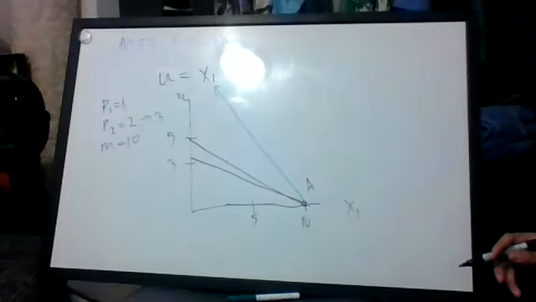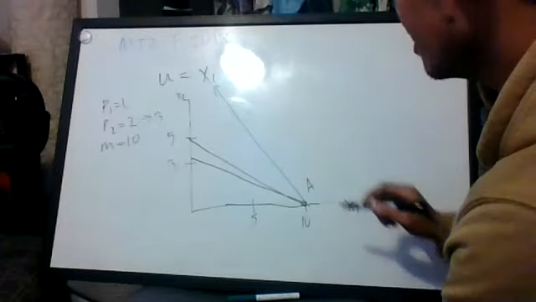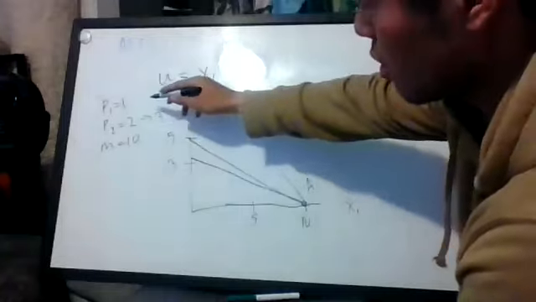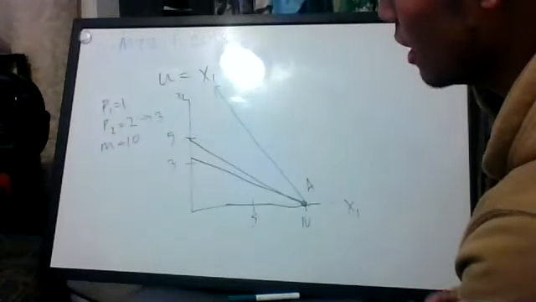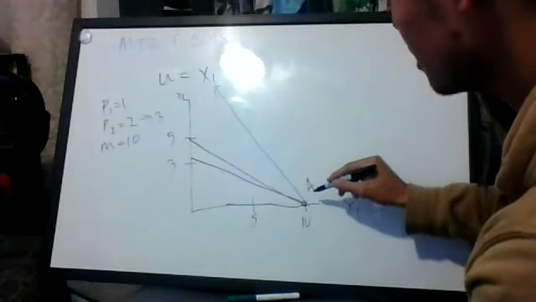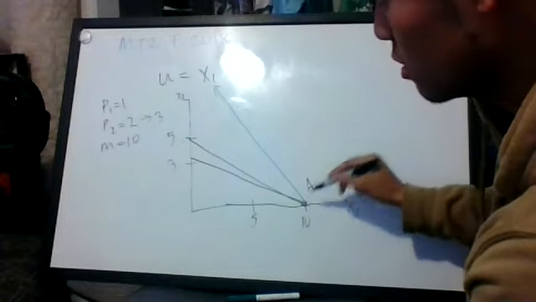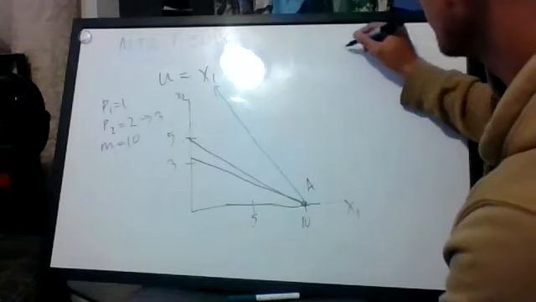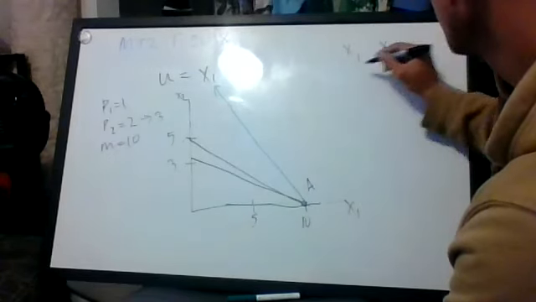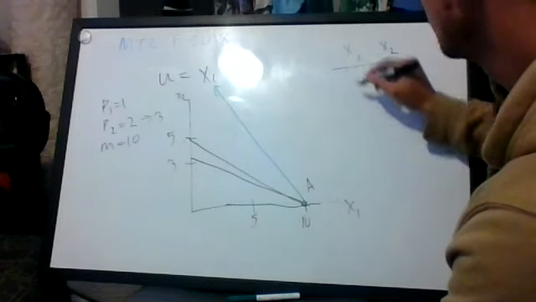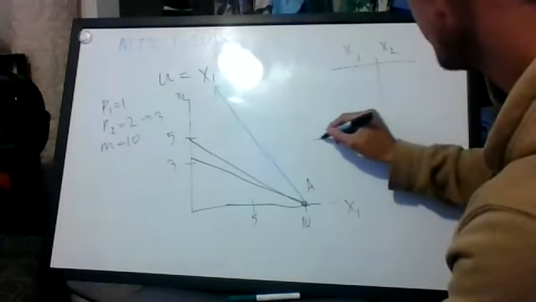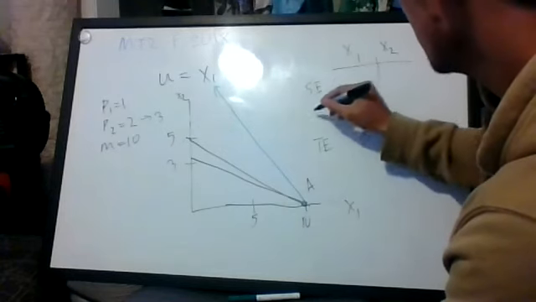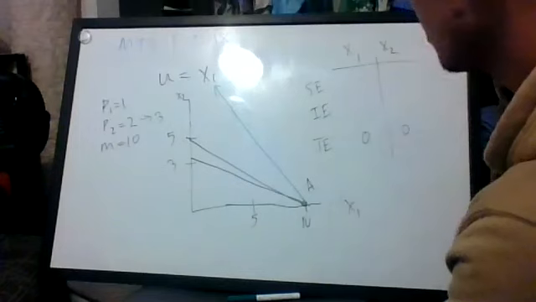And so what you're going to see is that basically we were already consuming all of good 1 to begin with. And that means that the total effect is that we're going to be consuming all of good 1 anyways at the very end, right? So if you were to chart this out, the total effect is going to be 0, right?